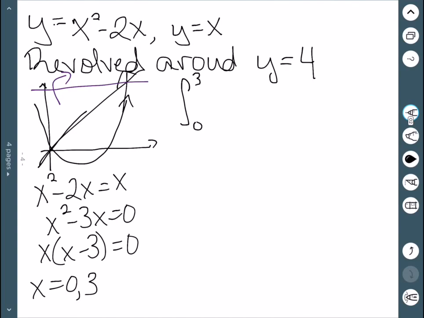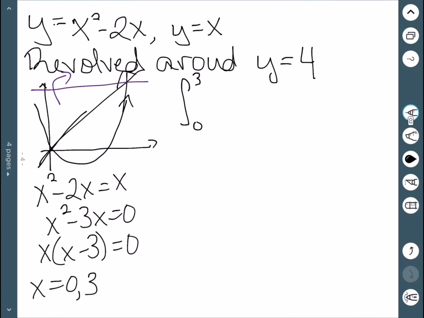And we now have to think about how revolving around this line makes things a little bit different. And once again, it's going to have to do with the radius. Before, when we were looking at these functions, they were circles or disks. And that's still going to be the case. However, my center is no longer at the origin.